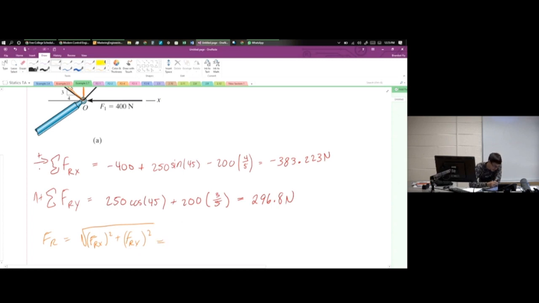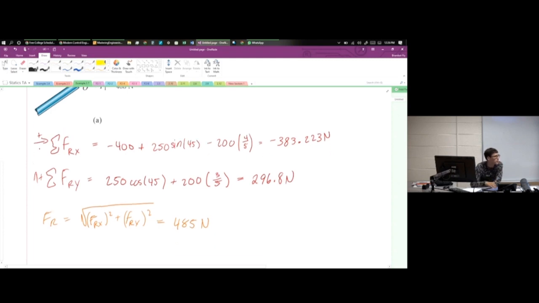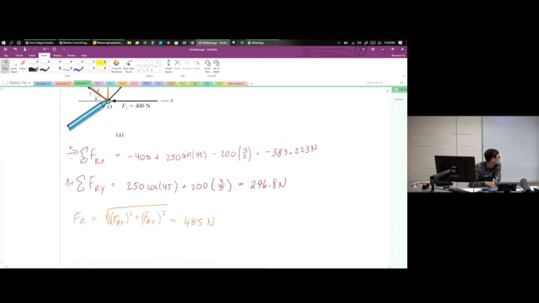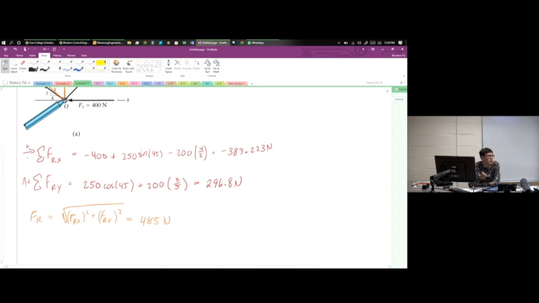So then we would just plug in our Fx and Fy values and square them inside the square root. So that will give us 485 newtons, right? I did most of the math in the calculator before this, so you can check the answer, you'll get the same thing. I just don't want to spend time sitting here plugging into the calculator.